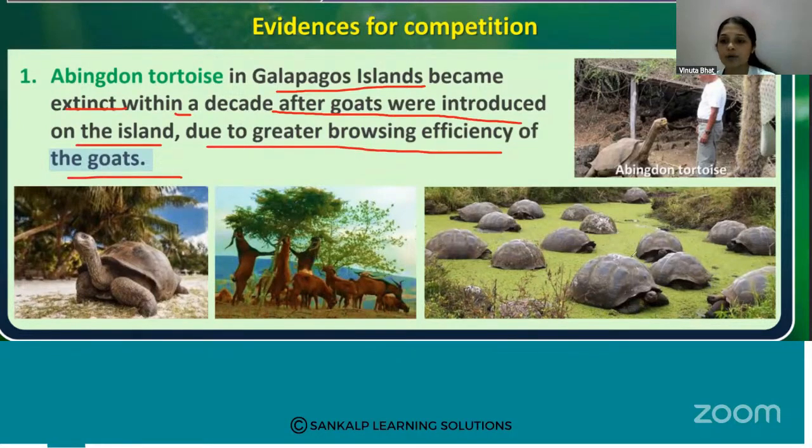These tortoises were extinct after 10 years of the introduction of the goats, because the goats' browsing efficiency is high compared to the tortoise. Tortoises are slow, so they went extinct from that region. That is the evidence for competition.